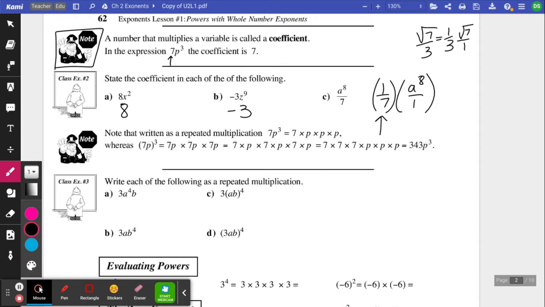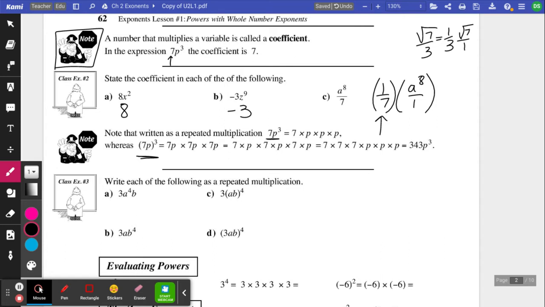Now note this guy. Check out the difference. 7p in parentheses to the third means 7p times 7p times 7p. Do you see the difference? It's huge that you understand the difference between those two concepts right here. Get it, Ben? See the difference?